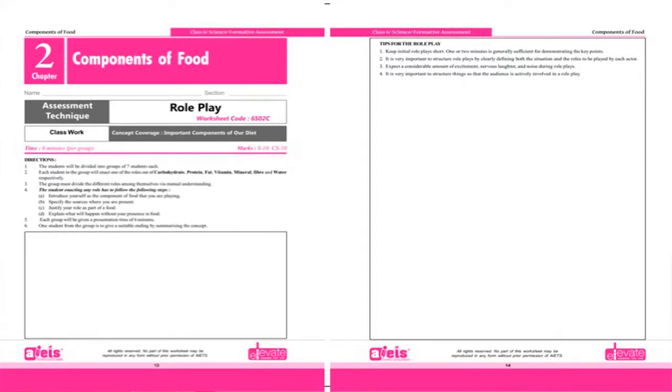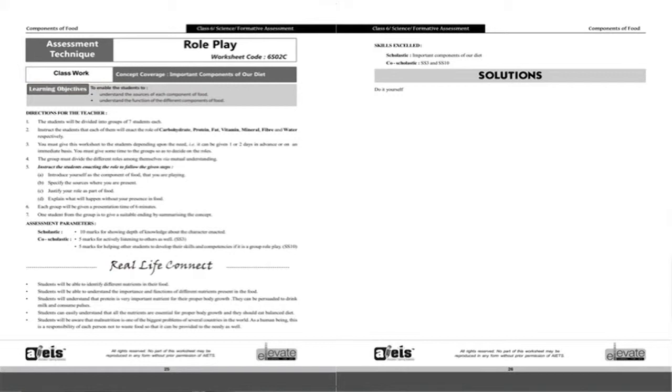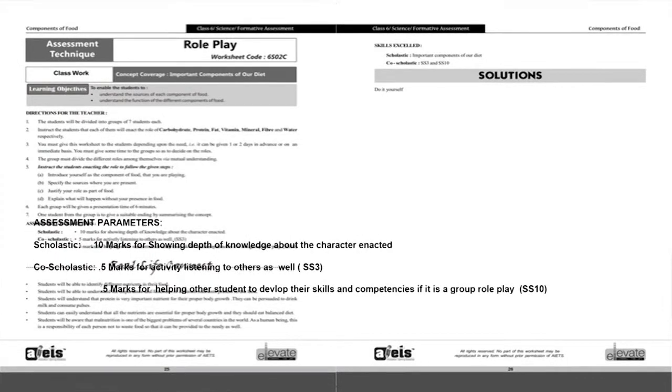Let's see the teacher manual for this activity. This is the teacher manual. This will remain in hands of teacher, and here it is talking about assessment parameters. Assessment parameters which were given there in students worksheet also, the 10 marks for the depth of knowledge.